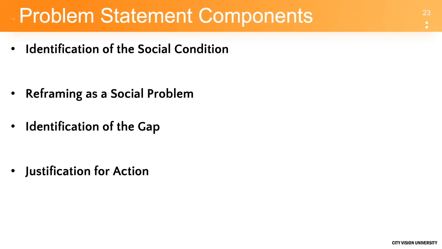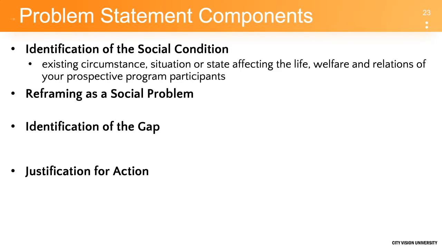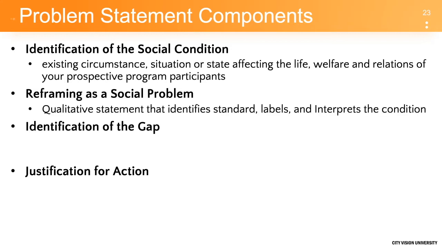So coming back to the identification of the social condition, it's an existing circumstance, a situation, or a state of affairs affecting a person's life, welfare, or their relations. And again, that's just a factual statement of what is. And then you begin to say, well, okay, why is that a problem? And that's where the interpretation comes in. So it's a qualitative statement.